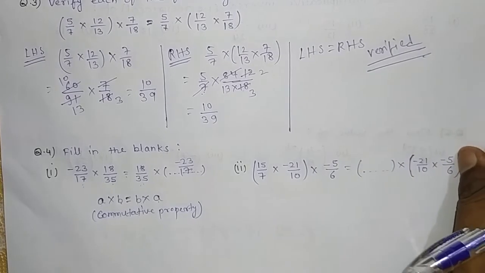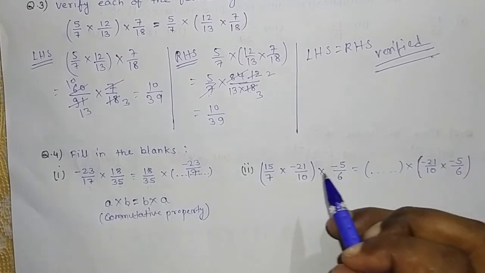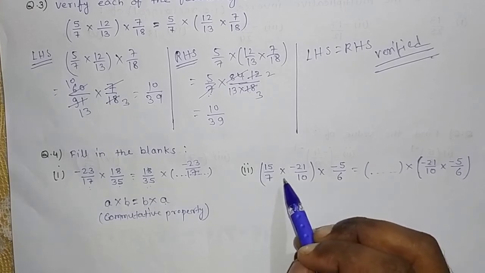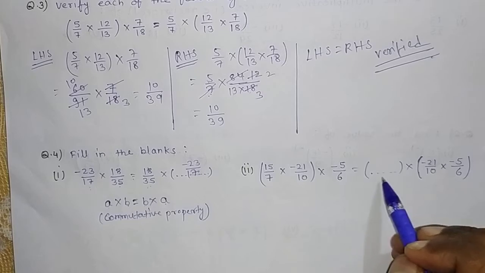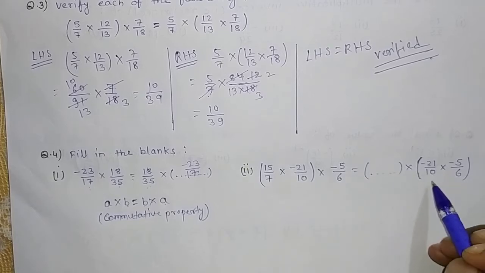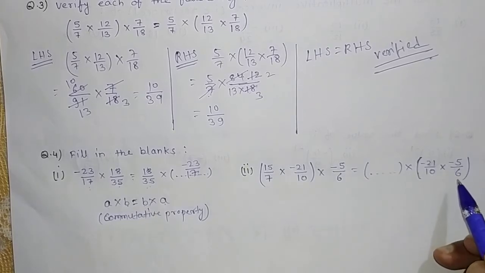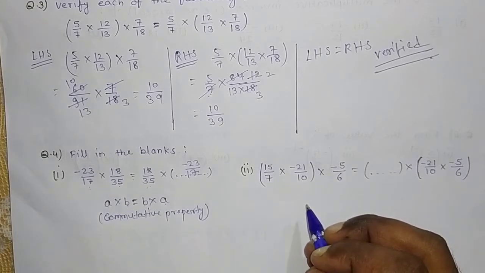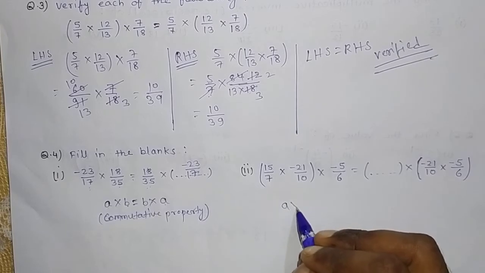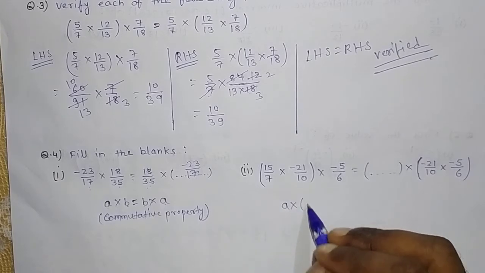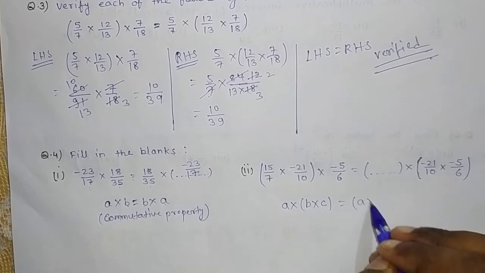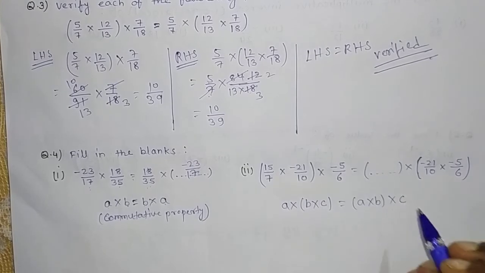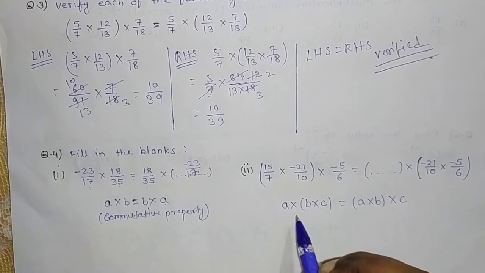Now the next question, that is 15 upon 7 into minus 21 upon 10 into minus 5 by 6 equals to dash into minus 21 upon 10 into minus 5 by 6. Now we know associative property. So what is associative property? A into B into C equals to A into B into C. Now there are three rational numbers.